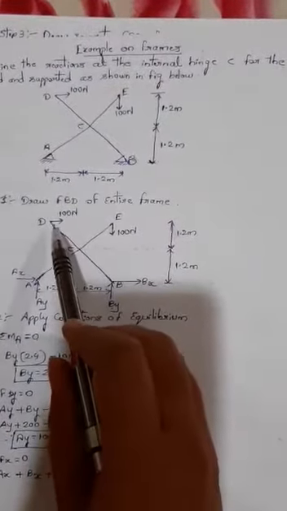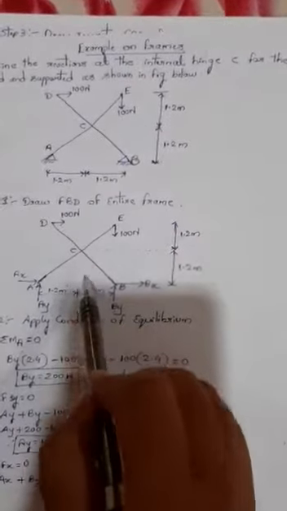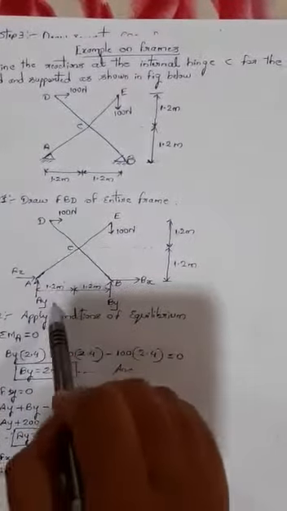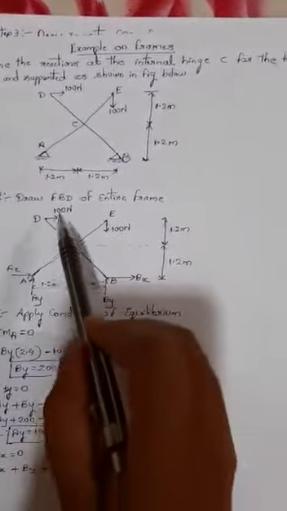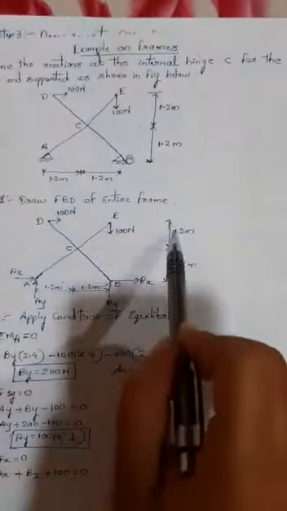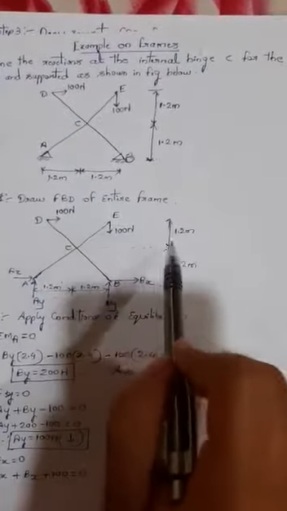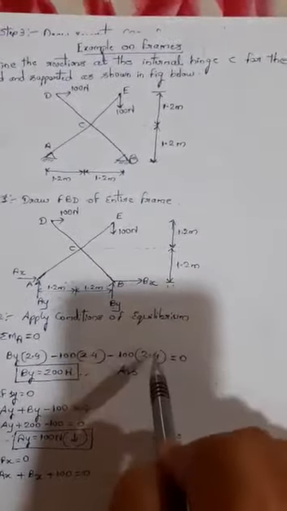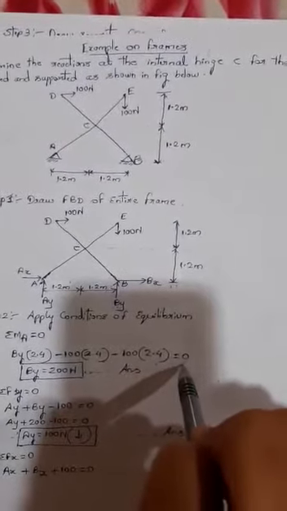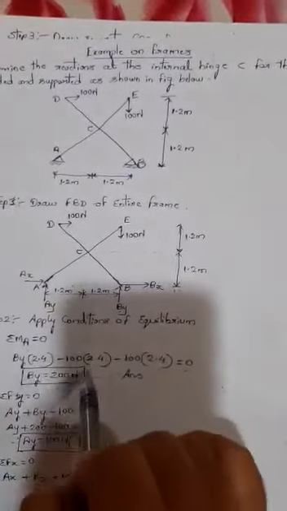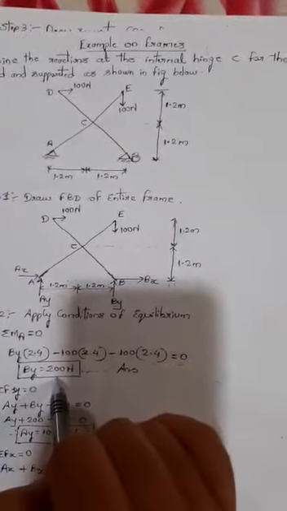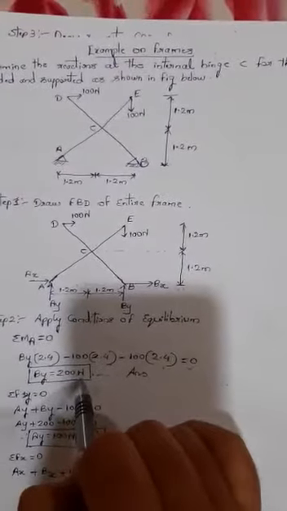Next, at D, 100 Newton, moment at A will be acting in a clockwise direction. The force is horizontal, so distance is vertical. So horizontal 100 Newton force, its perpendicular distance is 2.4, equated to 0. From this, by calculation, we'll get the value of By, which is 200 Newton.